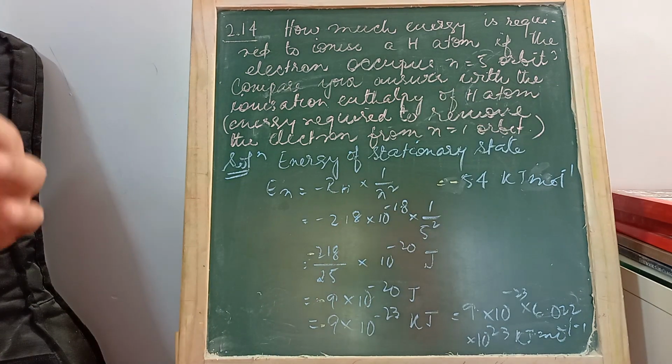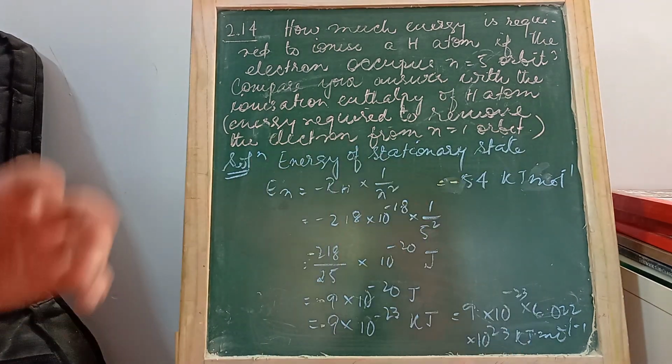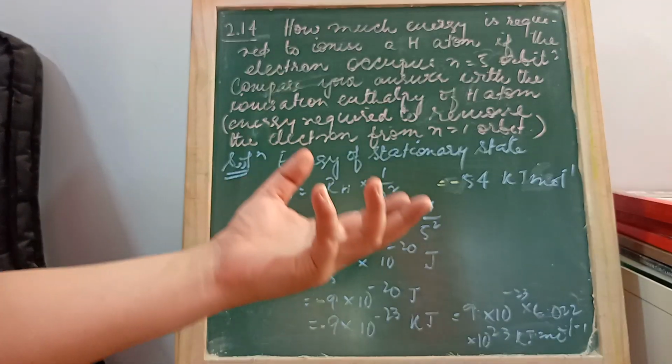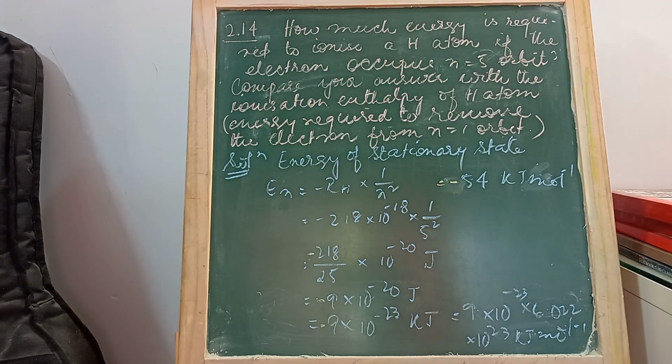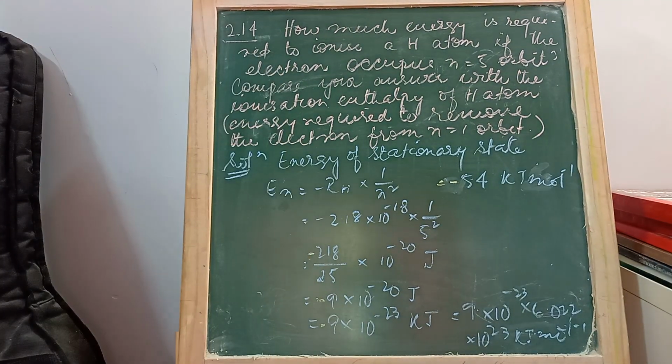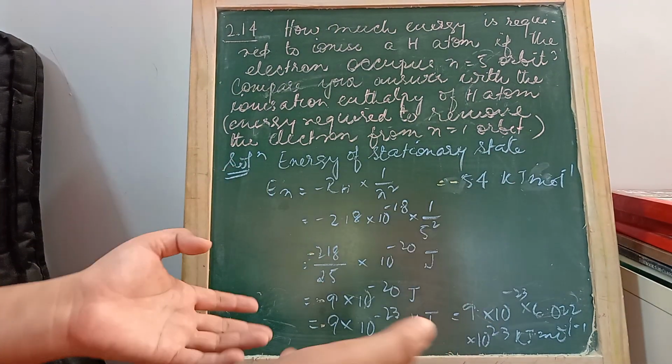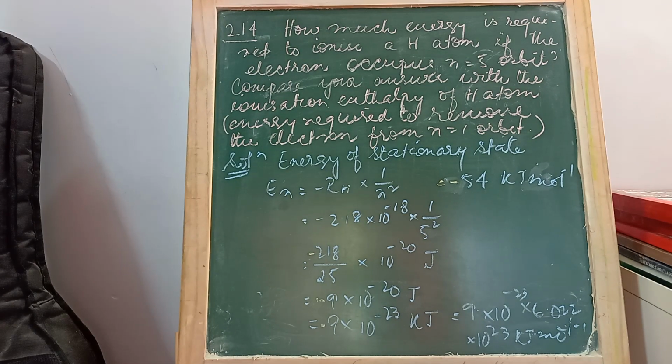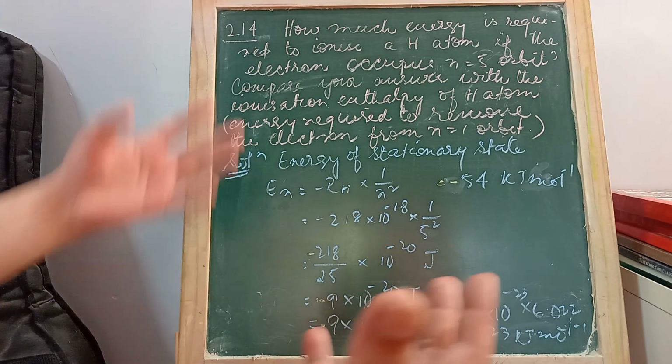So we assume that a proton has a positive charge and an electron has a negative charge, right? And because of the removal or addition of an electron, the neutral atom or neutral molecule becomes charged, and that is called an ion.